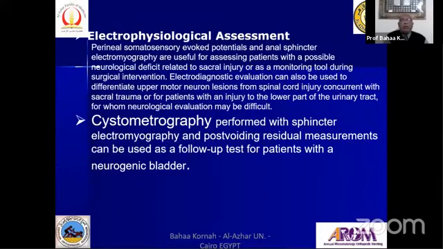Perineal somatosensory evoked potential and anal sphincter electromyography are useful for assessing patients with possible neurological deficits related to the sacral injury. Cystometrography performed with sphincteric electromyography and post-voiding residual measurement can be used as a follow-up test for the patient with neurogenic bladder.